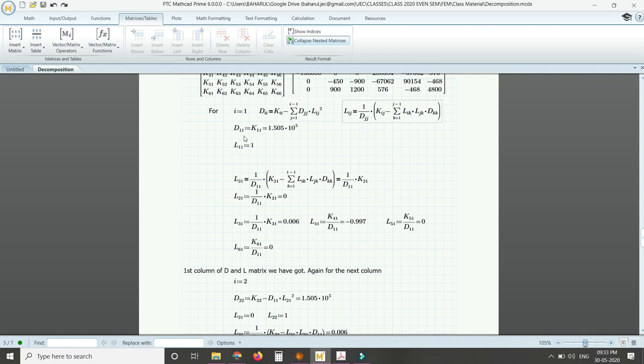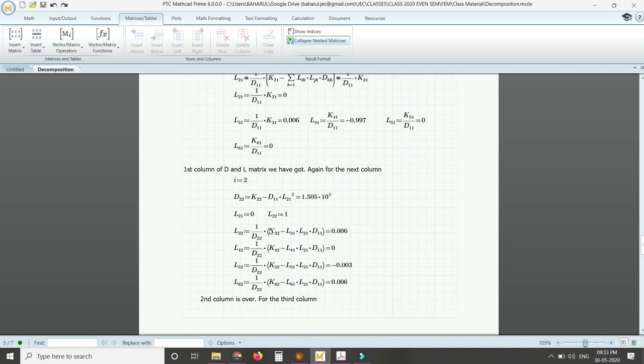You cannot find d11, d22 directly. First you have to find d11, then follow this step, and only then can you go to the next step, that is finding d22, then L22, L32, L42, L52, L62, like that. So we have got the first column.